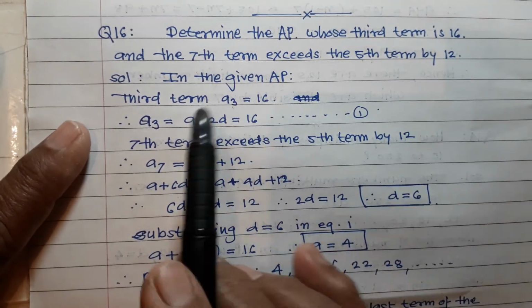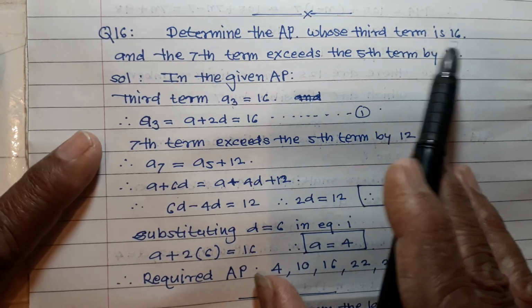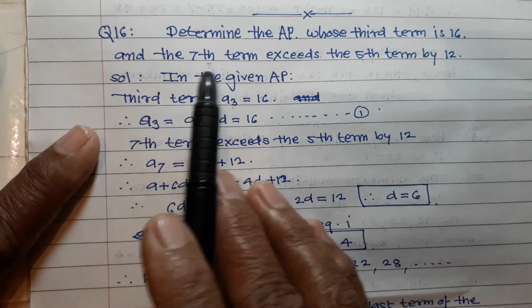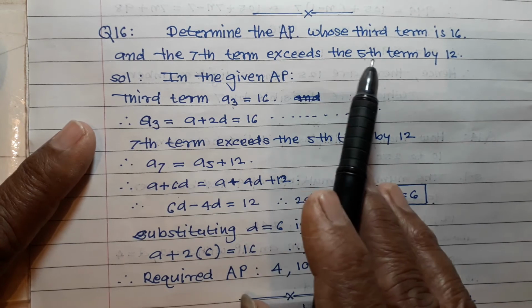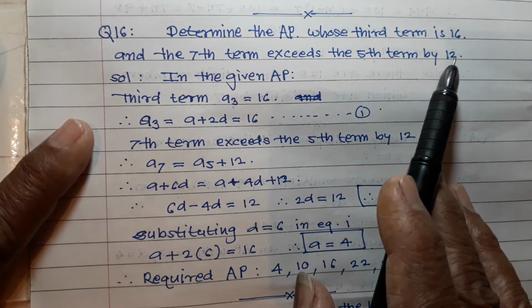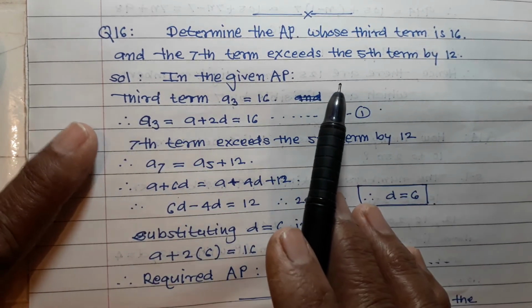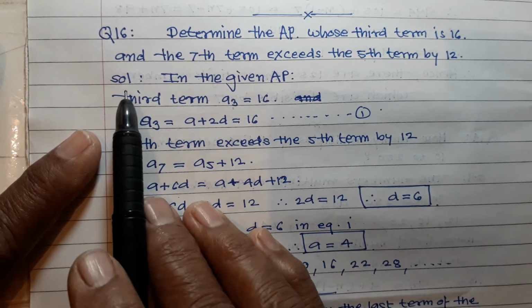Question number 16. Determine the AP whose third term is 16 and the seventh term exceeds the fifth term by 12. Now read this condition properly and write your equation. Solution.